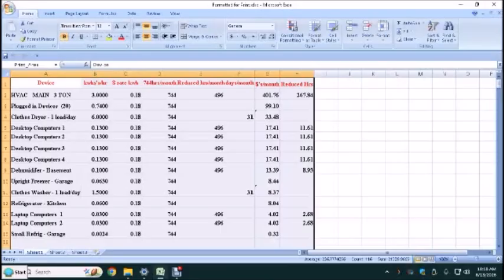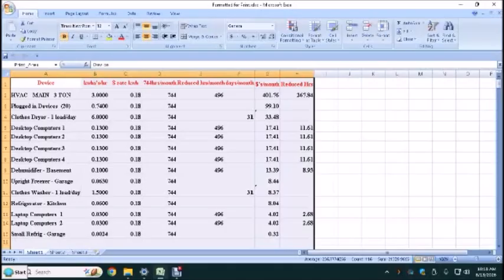Okay, what I have here is a spreadsheet that I created, and across the top are the column headings. This is how many kilowatts did I use per hour, either measured with my device, or I got an estimate off of the internet. This is the rate per hour I'm paying with taxes, fees, add-ons, whatever.